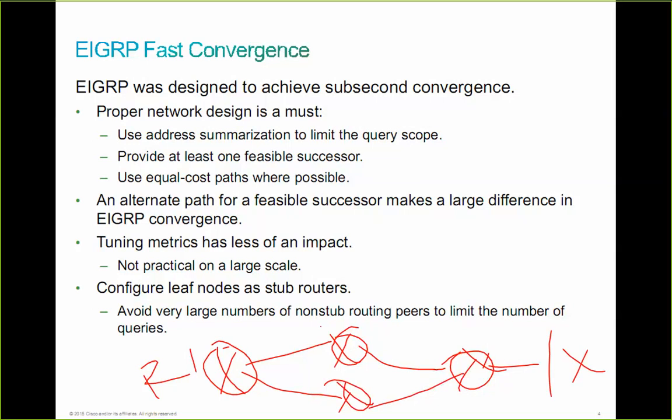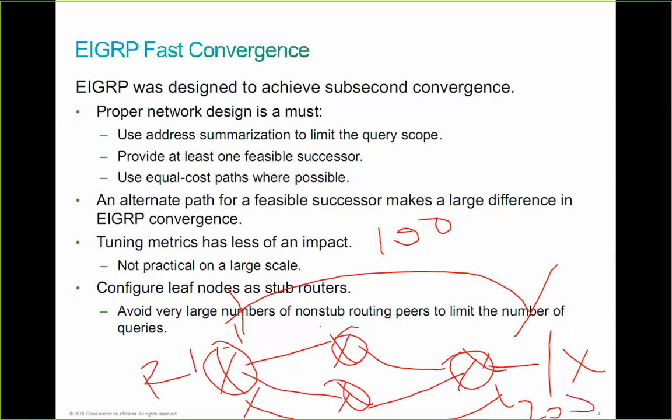So let's say this path here has a feasible distance of 100, and this bottom path here has a feasible distance of 200, right? So this path would become my successor because its overall metric is less than the bottom path. Make sense?